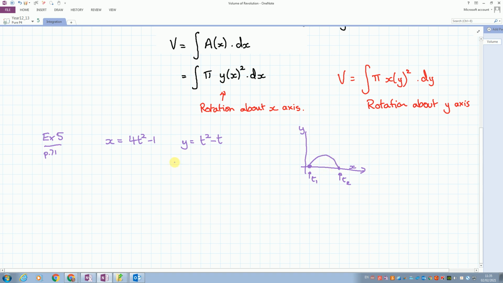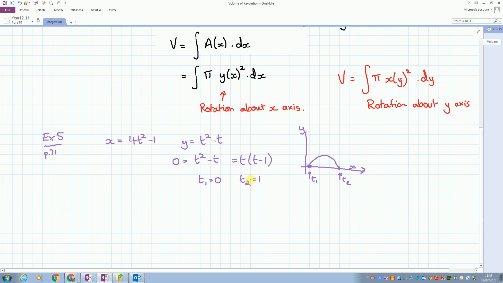So we start off with the y value. I'm going to say the y value equals 0, which is t squared minus t, which is t times (t minus 1). That gives me 2 values of t, so t1 is 0 and t2 is 1.